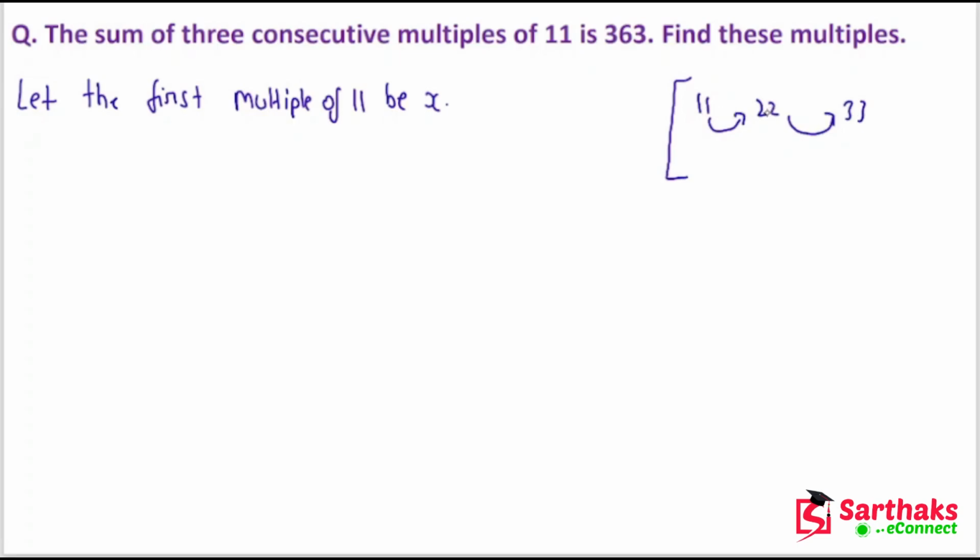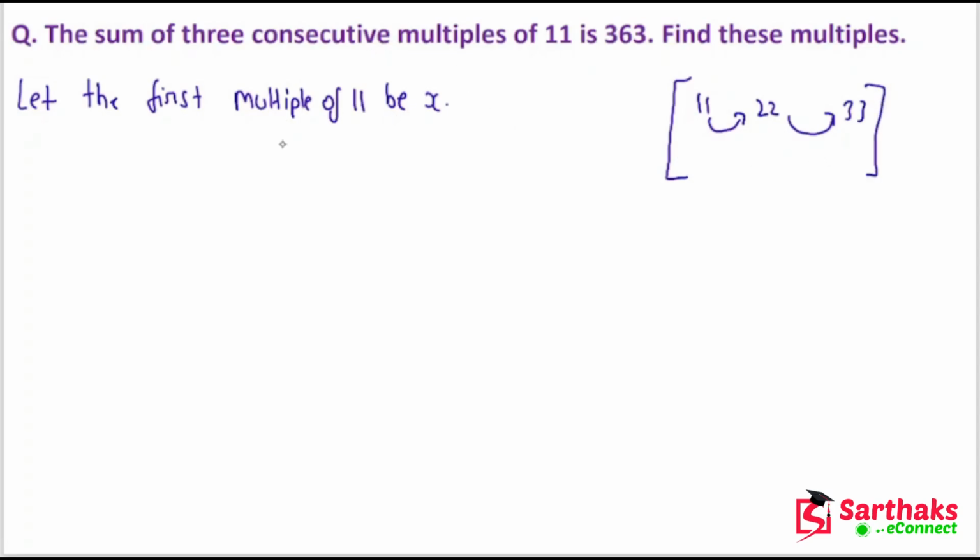Now how do we achieve 22? We add 11 to the first multiple and we get 22. How do we achieve 33? By adding 11 to this number. Obviously every consecutive multiple is obtained by adding 11, right? So we add 11 to 22 to get 33. This is how we find the other numbers.